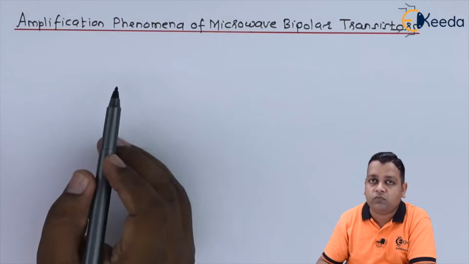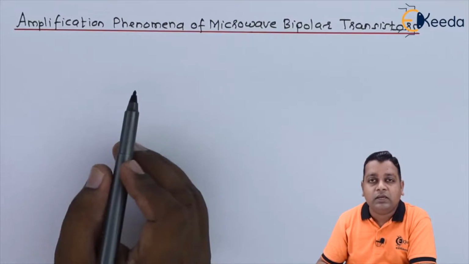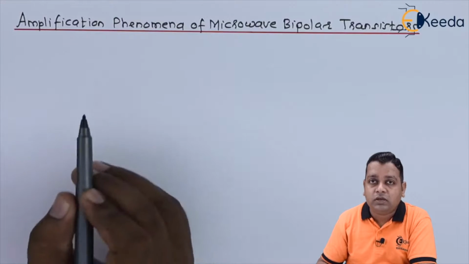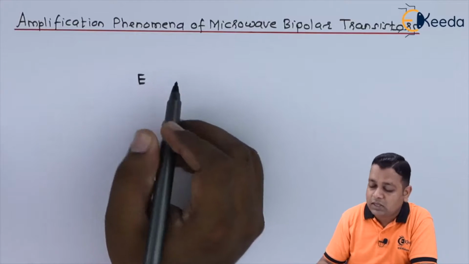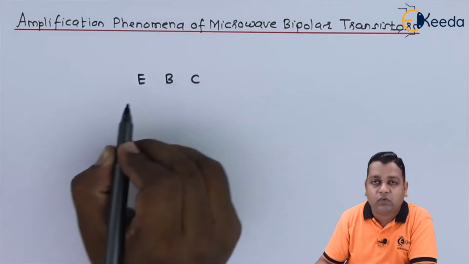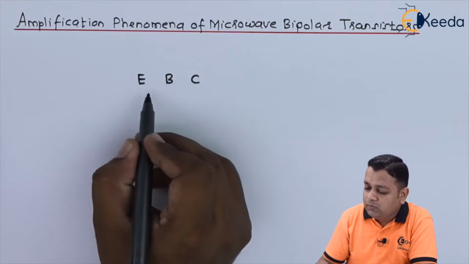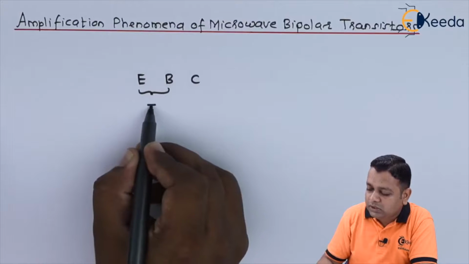In the previous video, we have gone through the various types of transistor configuration. Out of the three terminals that we have designated with the letters E for emitter, B for base and C for collector, in between emitter and base we have the emitter junction.